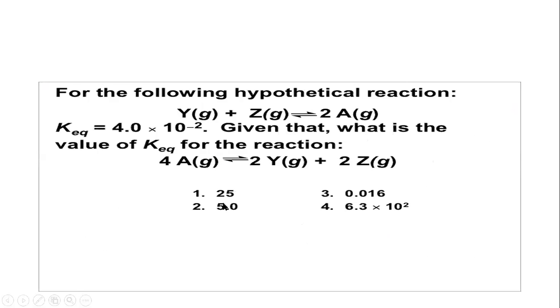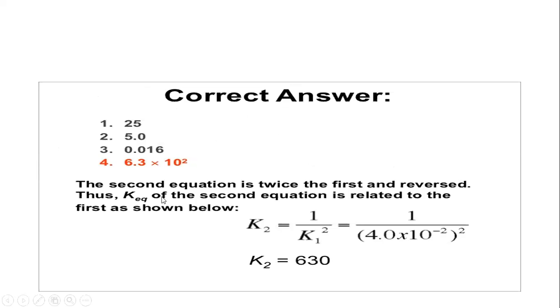If this is K1, then our K2 value should be 1 out of K1 squared. So the second equation is twice the first and also reversed. The equilibrium constant of the second equation is related to the first this way. We can write K2 as 1 out of K1 squared.